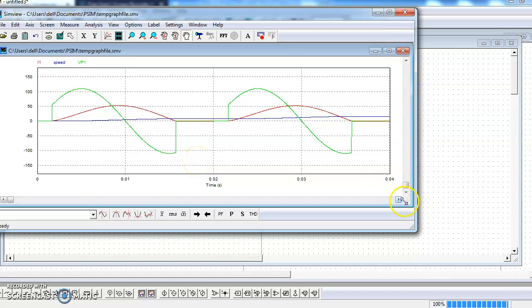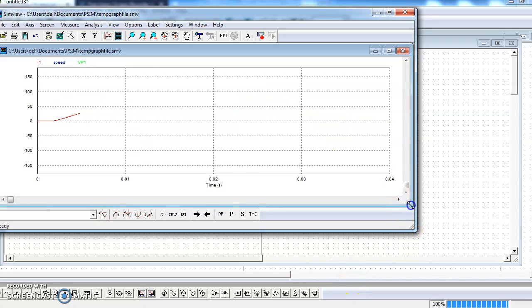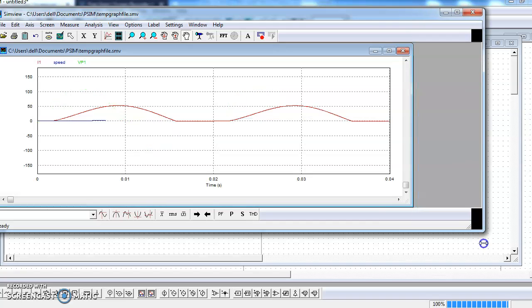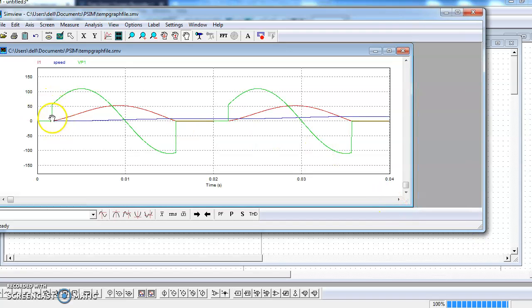Now this is the output voltage we have seen. You can see the green one is the output voltage. This part you are getting because you have the inductive load. If you had only a resistive load, you would get it only till here.